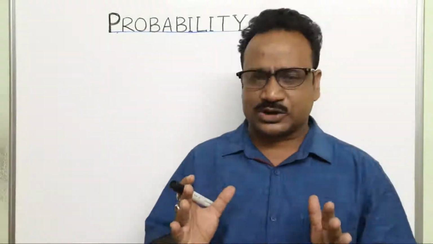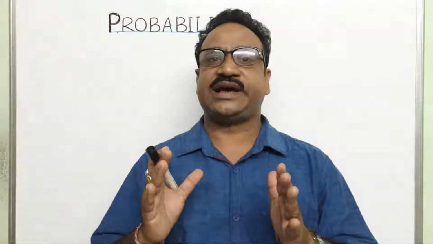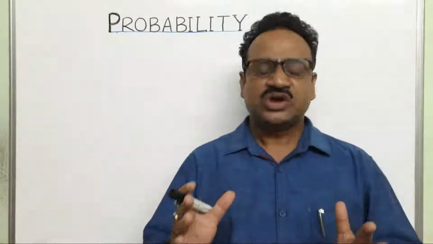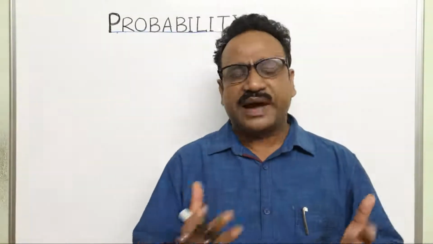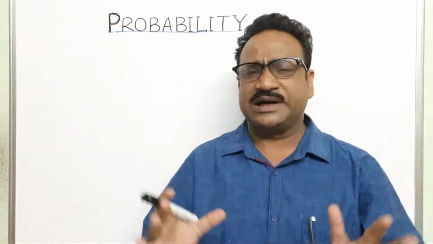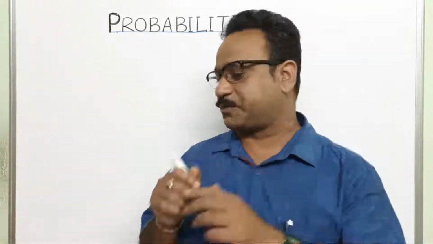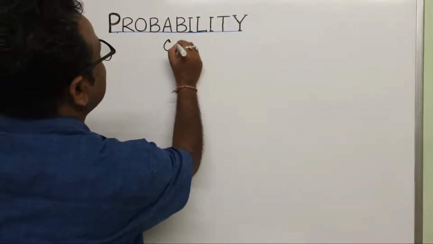We can also say probability is the game of chance. Here, the event is uncertain, may happen, may not happen. So, this is classical probability.